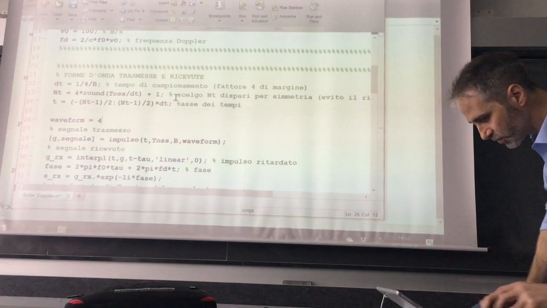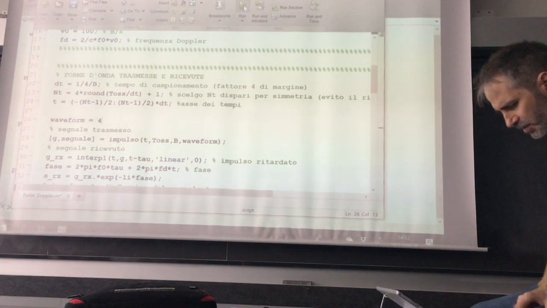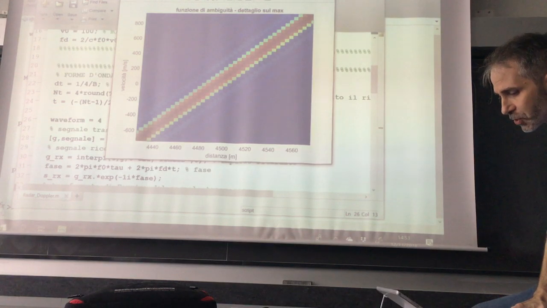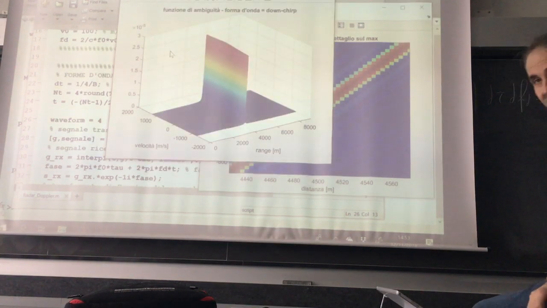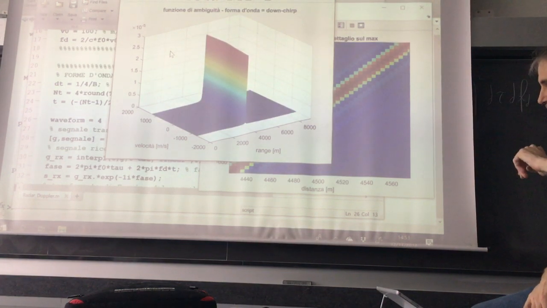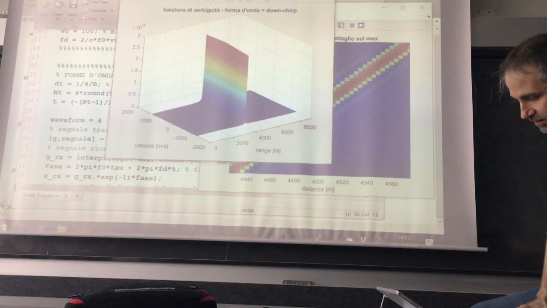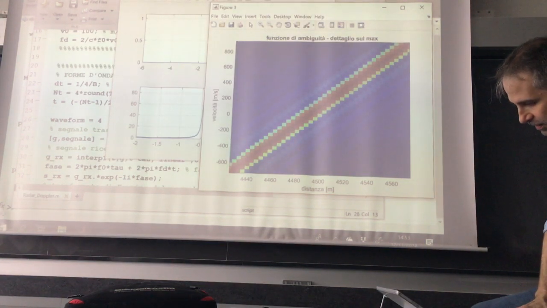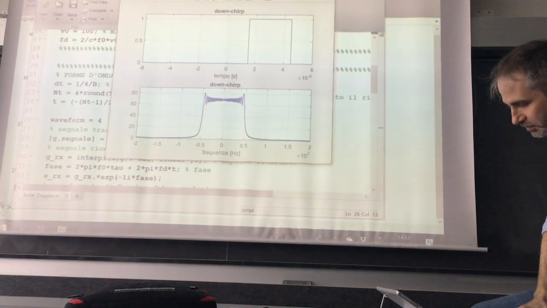You can do the same with, I don't remember which waveform that is. This is the down chirp, so we are just changing the sign of the exponent of the complex exponential of the chirp, and you get the same situation but with the opposite slope.